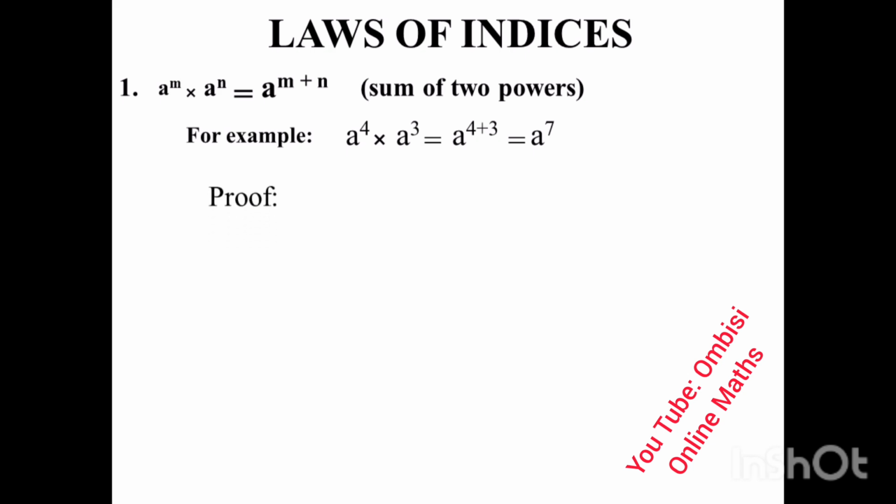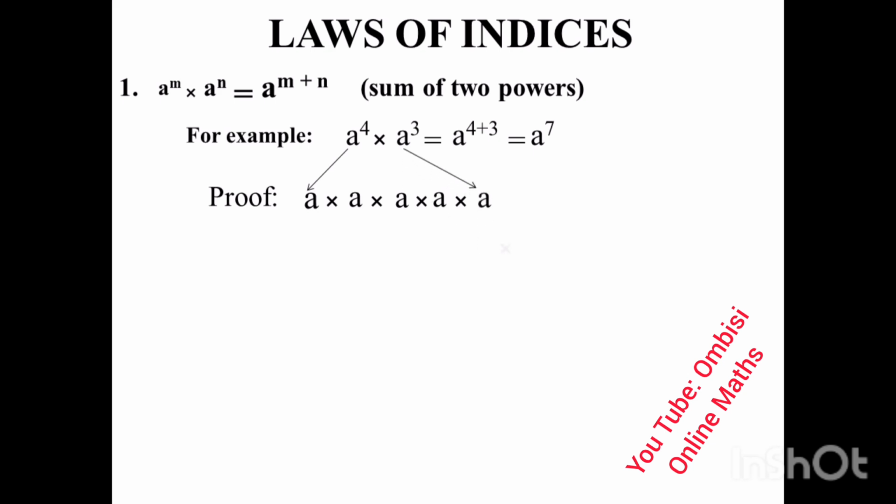So we can look at the proof for this sum. a raised to the power of 4 is the same as a multiplied by itself 4 times. So that is a multiplied by a multiplied by a multiplied by a, then you multiply by a raised to the power of 3, which is a multiplied by a 3 times.